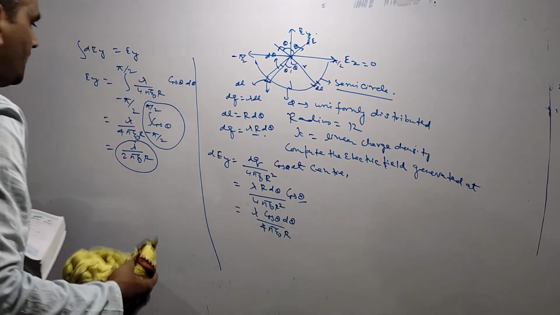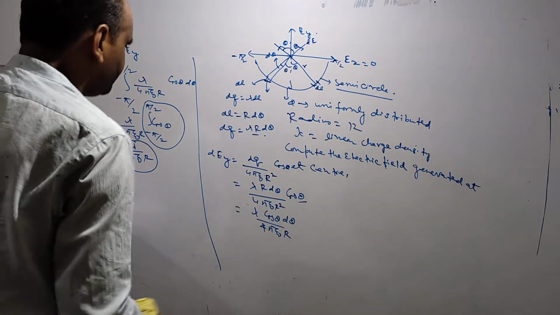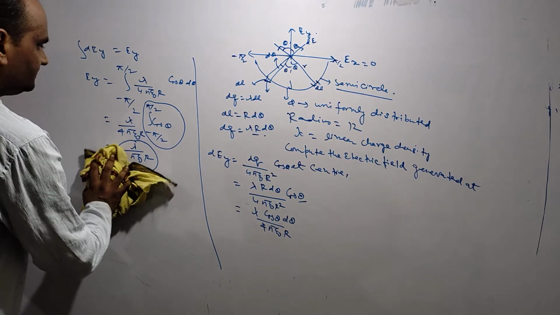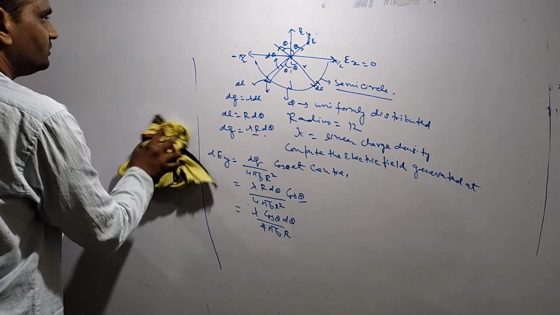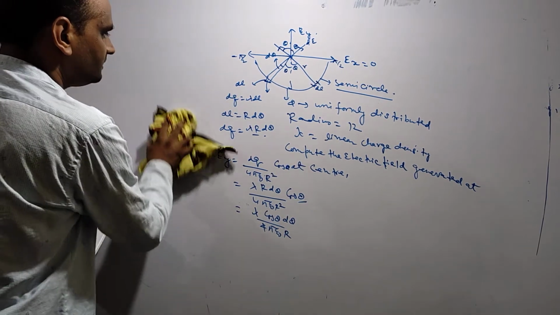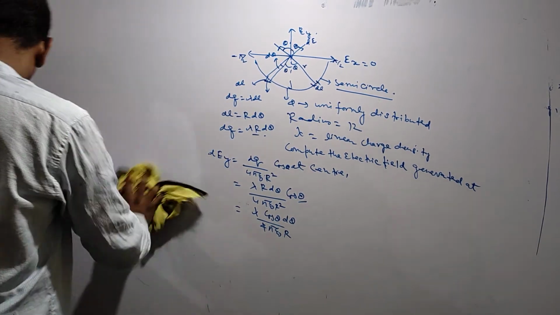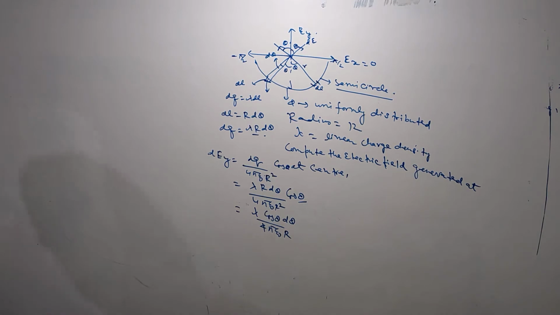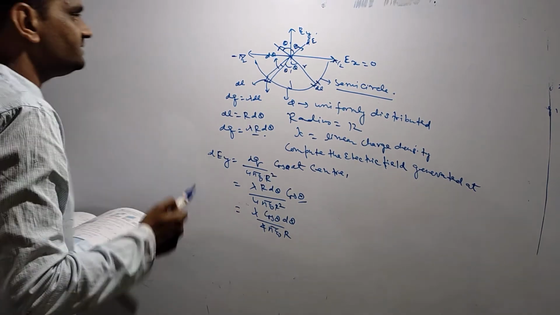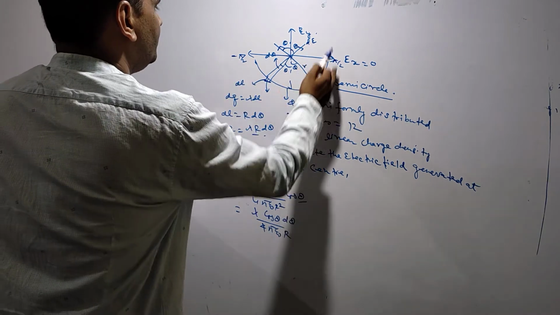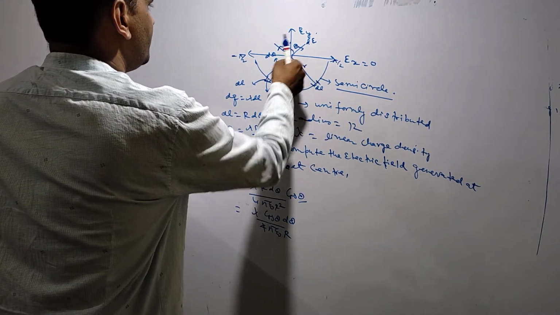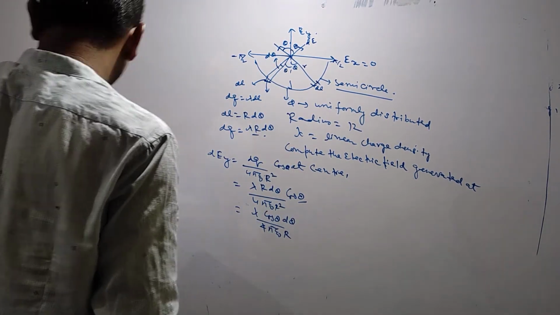Now I just want to play with these expressions, modify something so that we can make it more interesting. Some questions were born in my mind. Why should this angle only be pi? Make it some different angle.